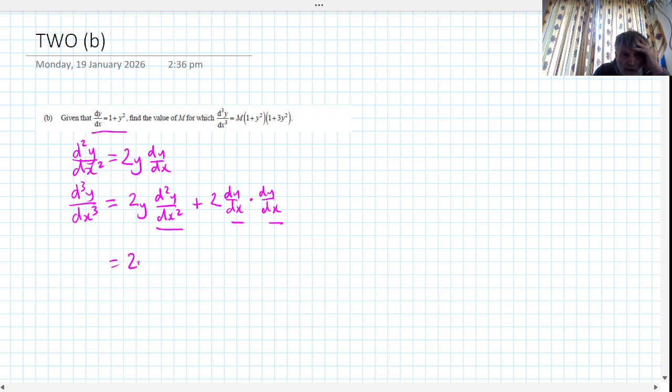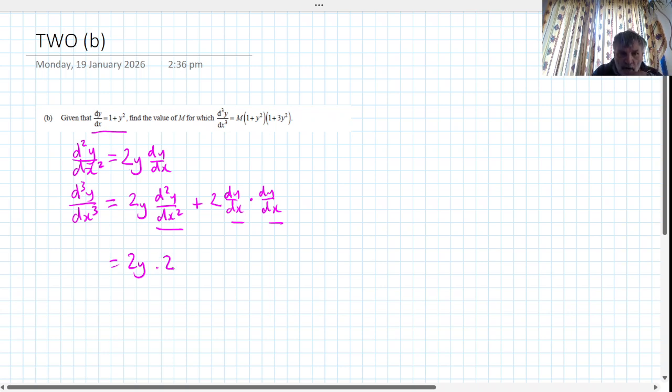So 2y, second derivative is another 2y times the first derivative, and plus this is 2 and this is the first derivative squared, so this is the 1 plus y squared.